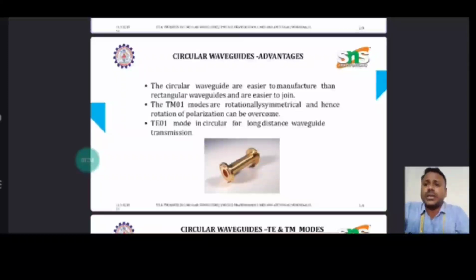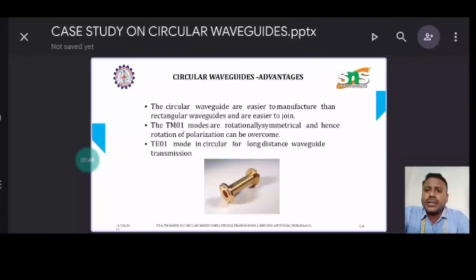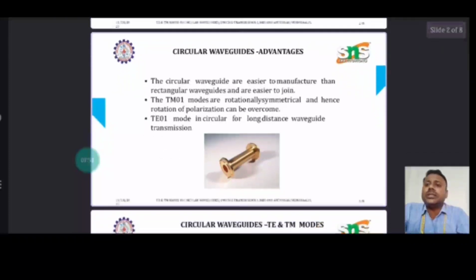Advantages and operations: circular waveguides are easier to manufacture than rectangular waveguides and are easier to join. The TM01 mode is transverse magnetic, 01 is a boundary condition mode that is rotationally symmetrical, and hence the rotation of polarization can be overcome. TE is transverse electric.